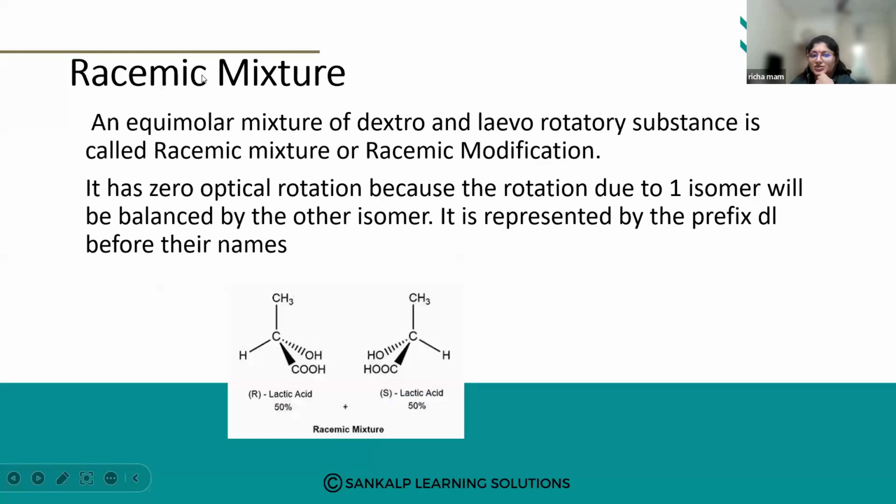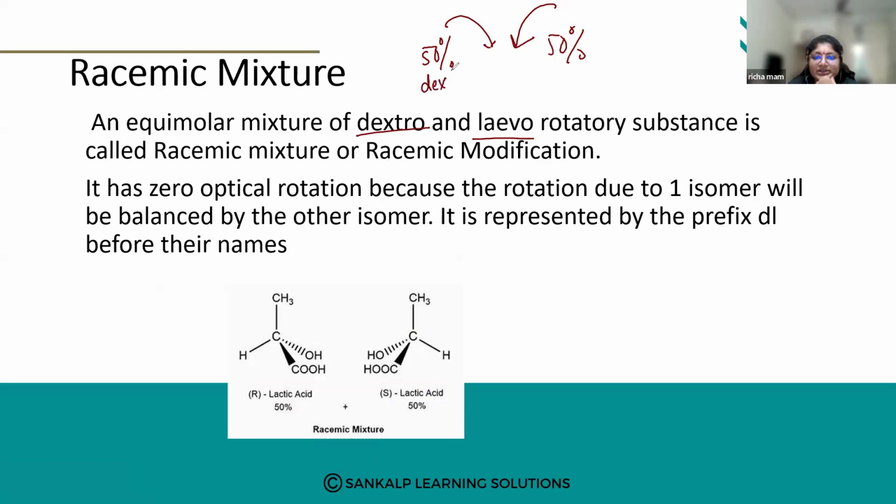Next is the racemic mixture. We have already discussed racemization. Both the products will be 50-50, since the attack will take place either from the front or from behind. So it is an equimolar mixture of dextrorotatory and levorotatory.